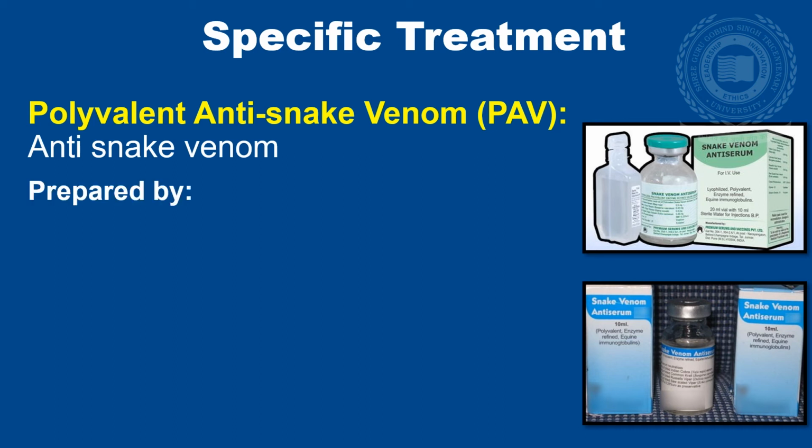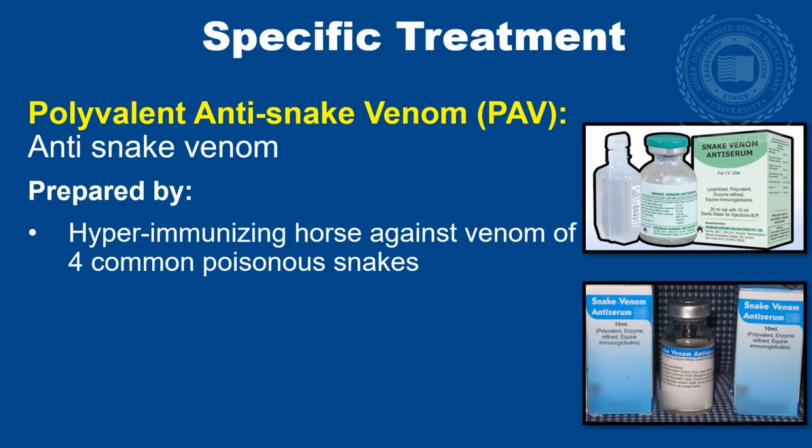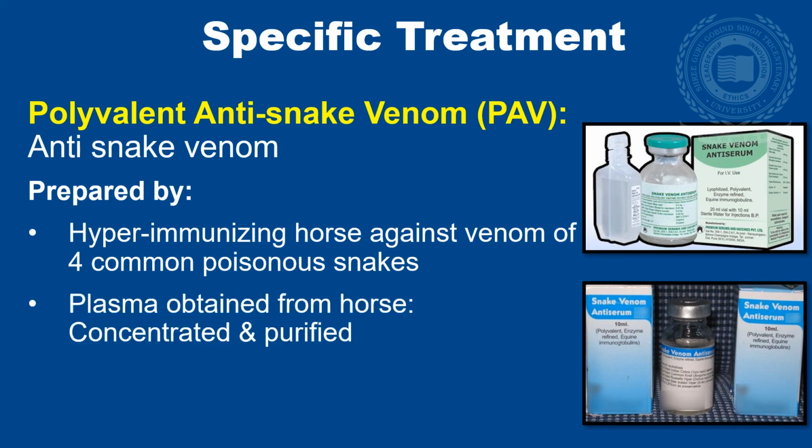How is this ASV prepared? It is prepared by hyper-immunizing horses against the venom of the 4 common poisonous snakes which you have already named. Then the plasma is obtained from the horse, concentrated and purified, and this serum is lyophilized.